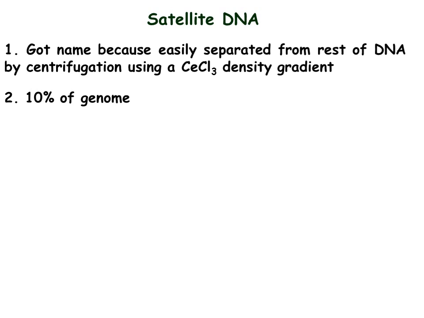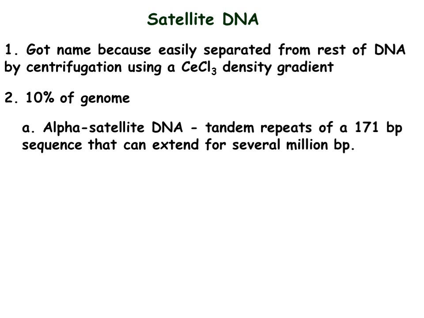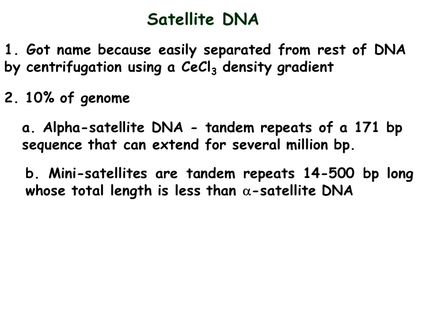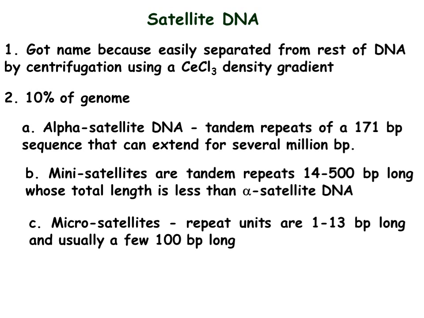So we found out by doing this that satellite DNA makes up 10% of our genome. And there are different types of satellite. There's alpha satellite, and these are tandem repeats of about 171 base pairs, and that can be for several million base pairs. Then we have minisatellites that again are tandem repeats, but they're smaller, anywhere from 14 to 500 base pairs, whose total length is less than a single alpha satellite.